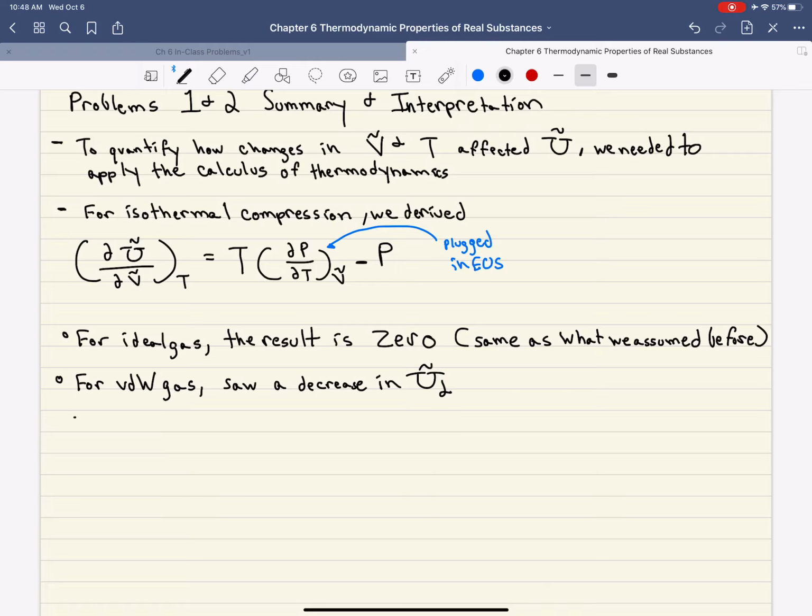All right, and so that's what we saw mathematically from our analysis. But what does this all mean? In general, to tie it back to the molecules in our system, molecules like minimizing or decreasing their energy.